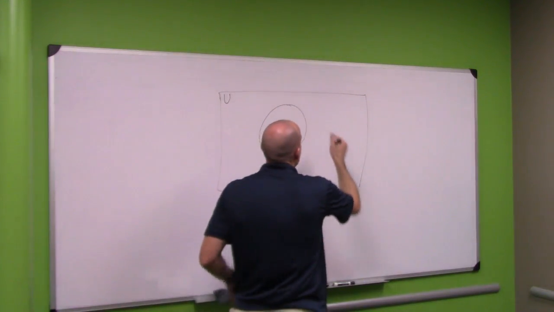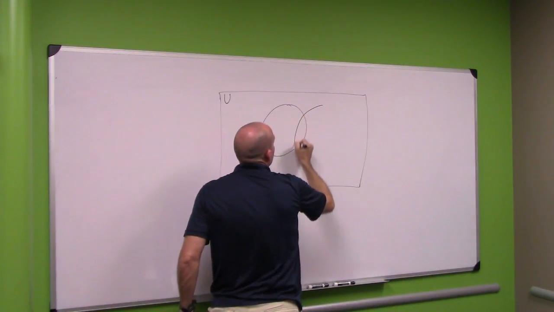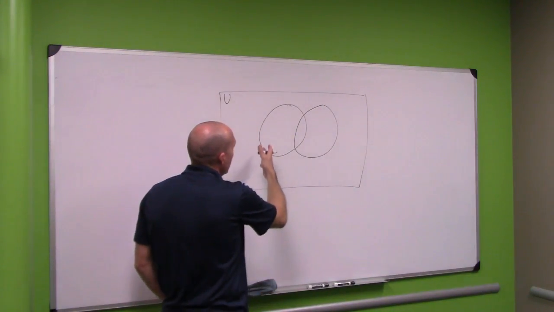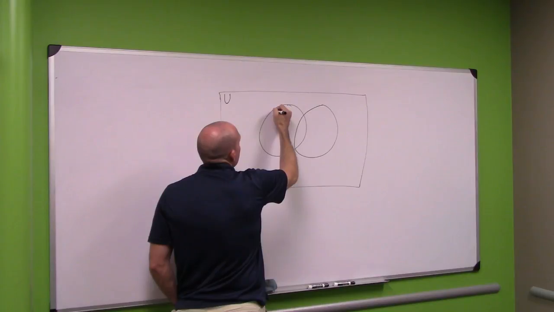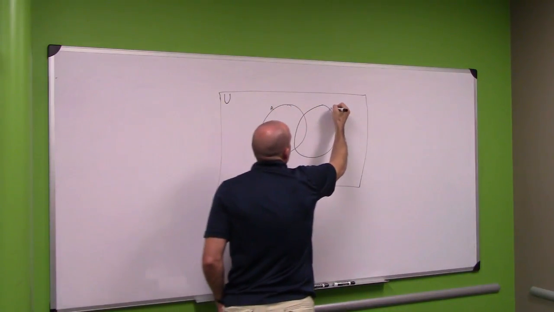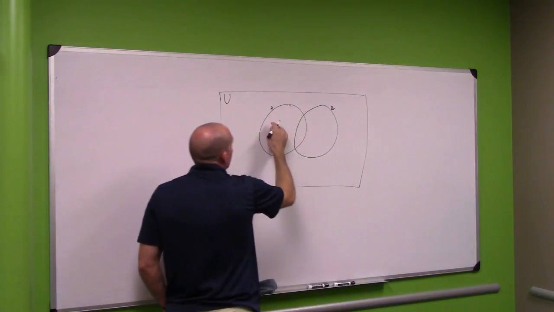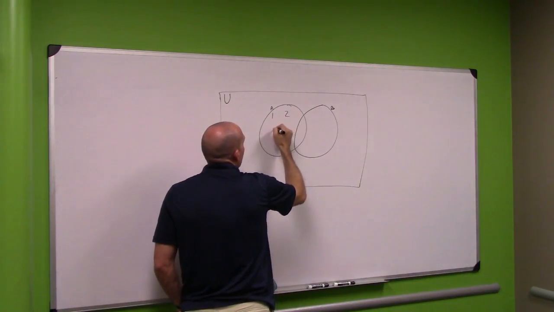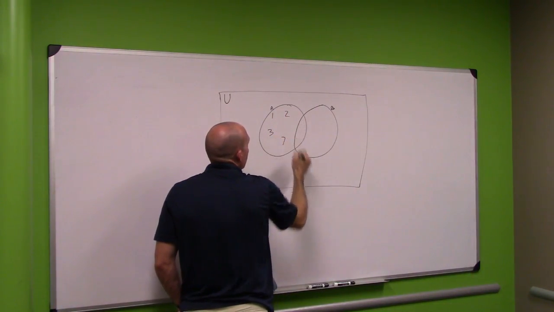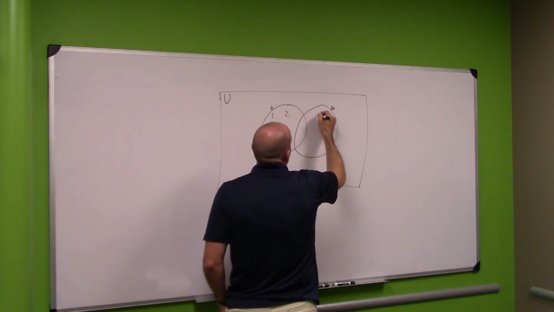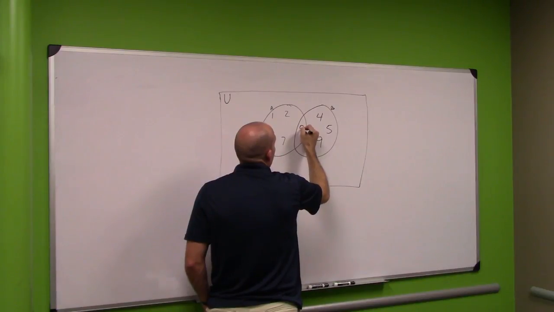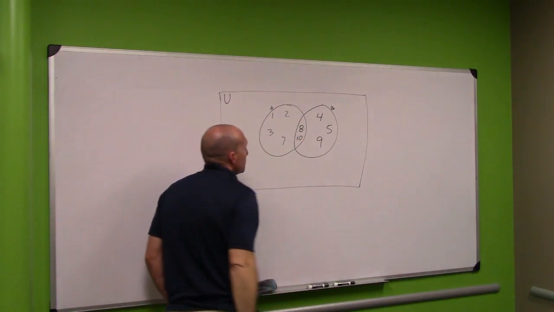Sometimes they will actually connect, because when we're talking about A and B, and we're just going to use numbers, A will have 1, 2, 3, 7. B may have 4, 5, and 9, but they're going to share 8 and 10.